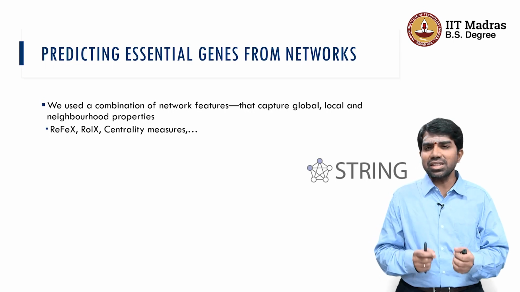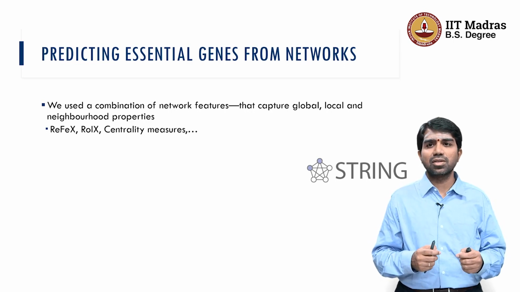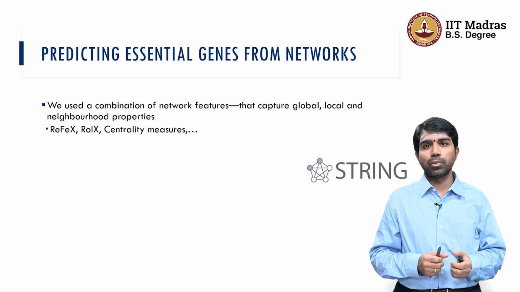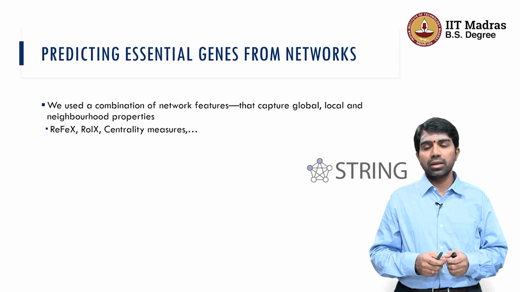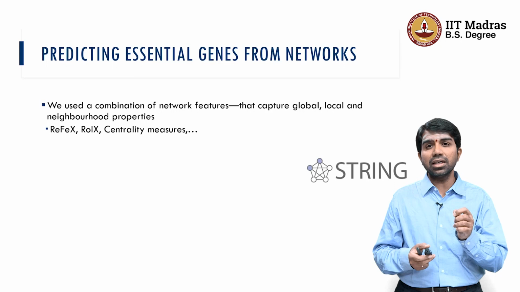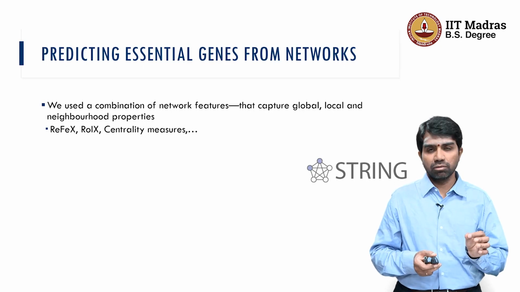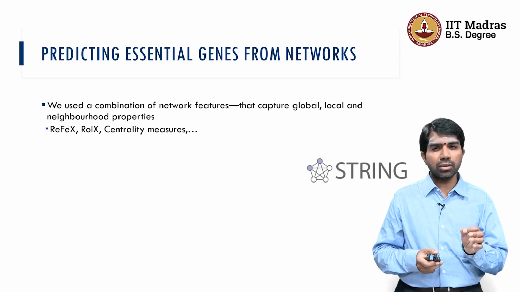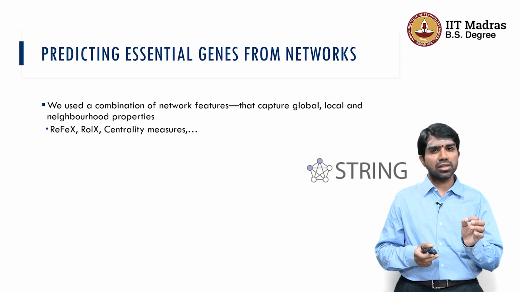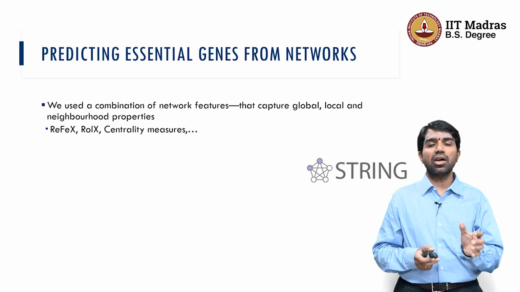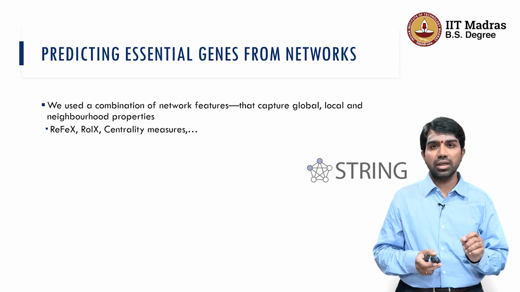Right? So let's just stop for a moment and ask ourselves, what are global, local and neighborhood properties? When you look at a single node and identify its properties, like its degree, you're very local, because this is not immediately or easily affected by the rest of the nodes in the network.